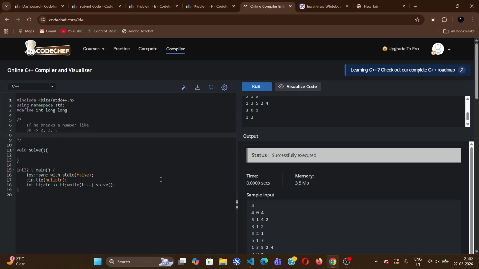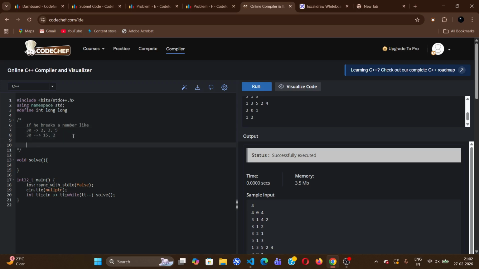So if it breaks 30 into 10, 5 and 6, okay, no, it doesn't need to make that. We can break it like 15 and 2. That case also it will work.